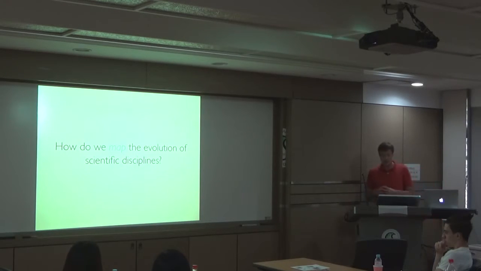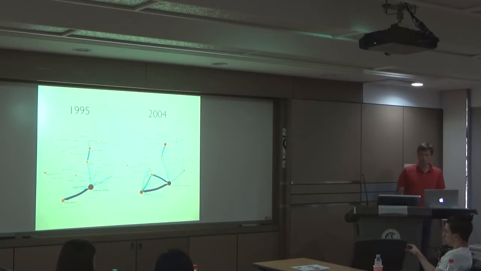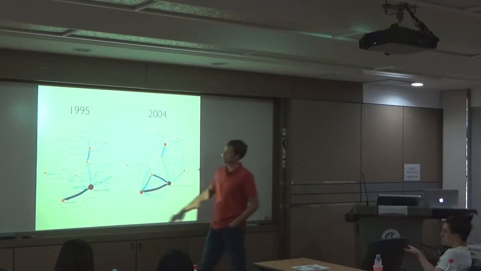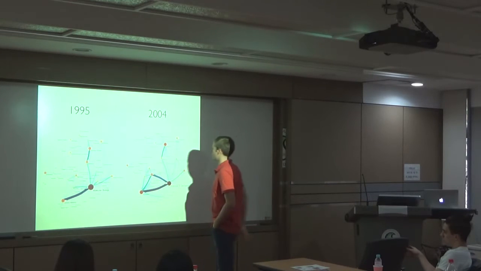Working with JSTOR, this digital archive, we have a data set of papers that go back to the Renaissance, back 600 years. From some of the first journals ever published, we have extracted information so we can build networks over time. Now this is a snapshot of just two recent years, 1995 and 2004.